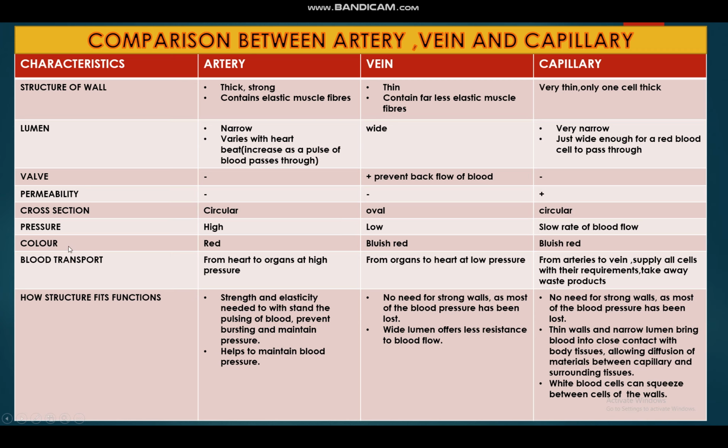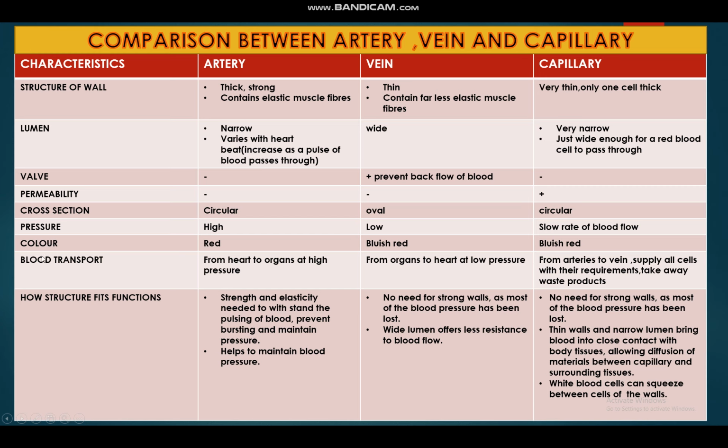The color of the blood is red in case of artery because it is oxygenated blood, usually a bright red. In case of vein it is bluish red, or it can be referred to as dark red blood, and in case of capillary it is bluish red.